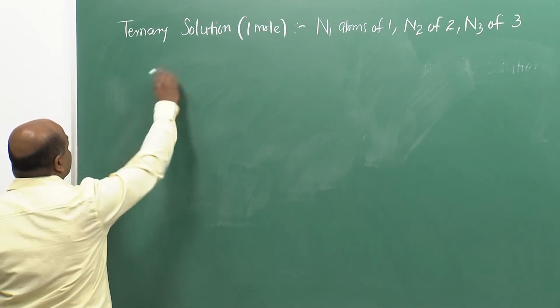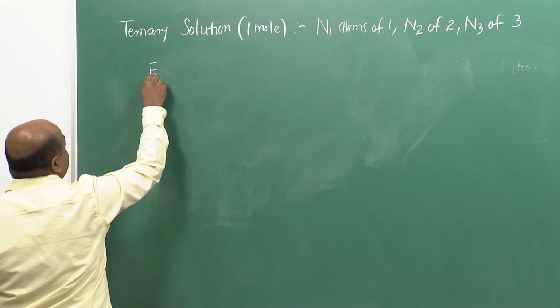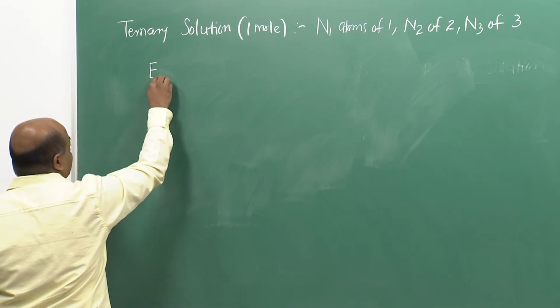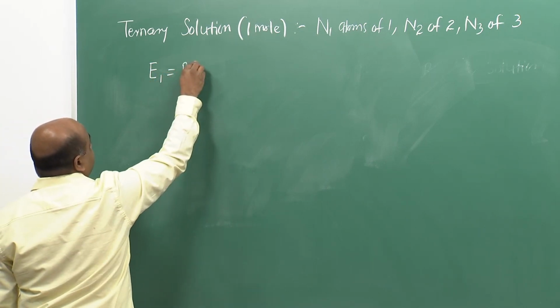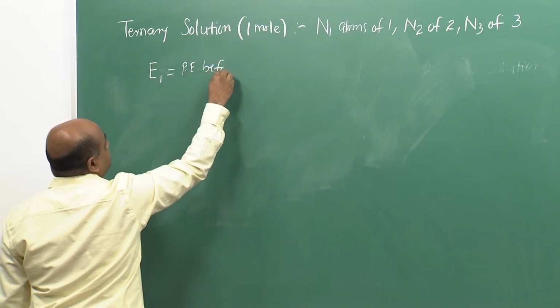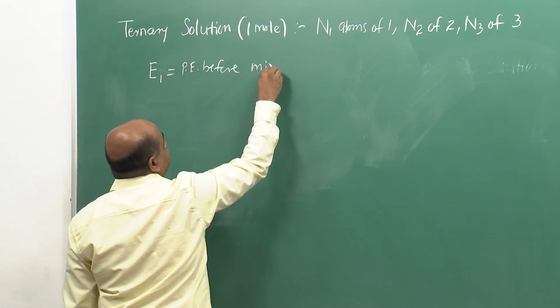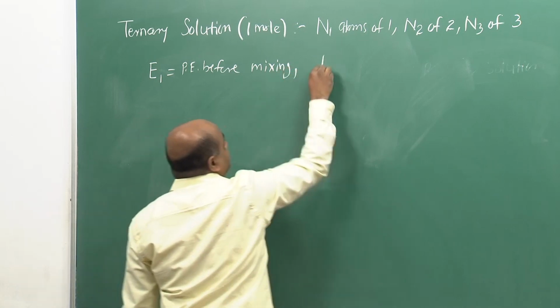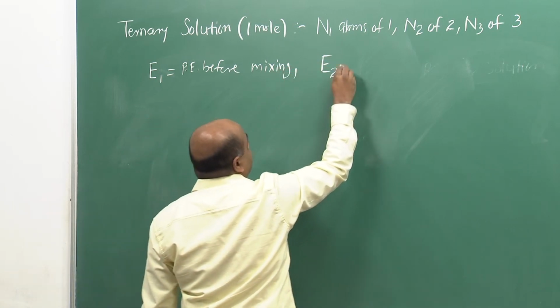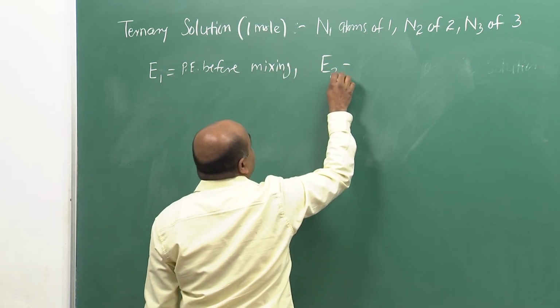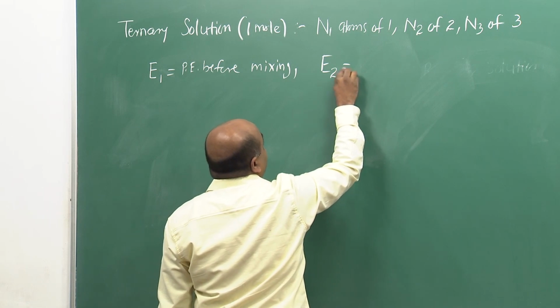So, let us denote their potential energy before mixing as E1, and potential energy after mixing as E2.